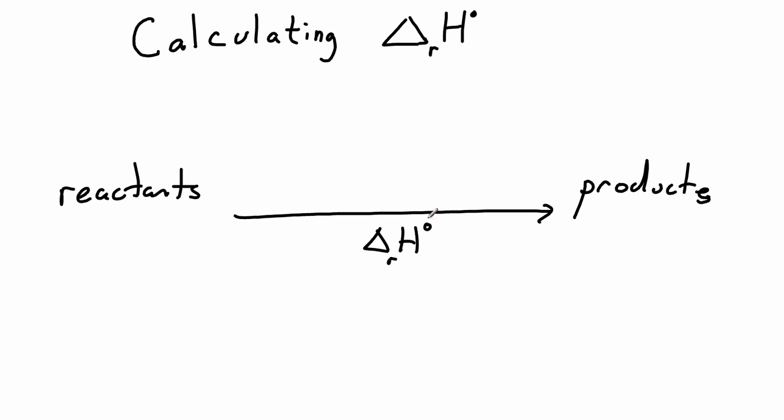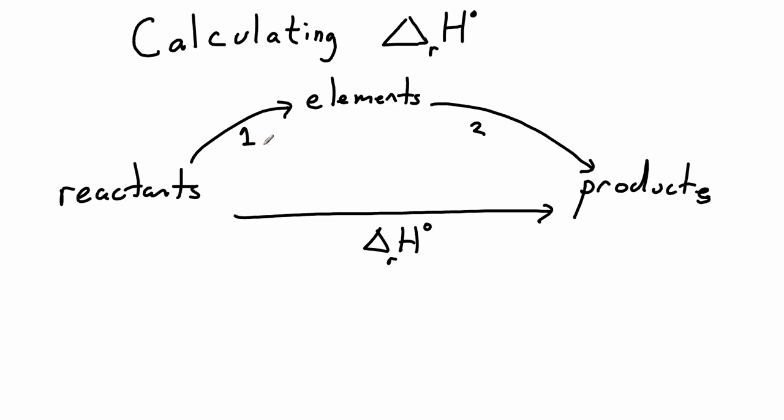Okay, so one thing we can imagine doing is, what if we broke our reactants down into elements? And we called that step 1. And then we took those elements and used them to make products, and we called that step 2.